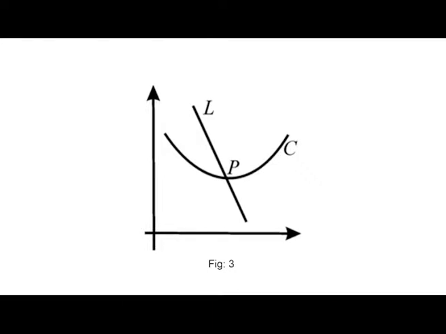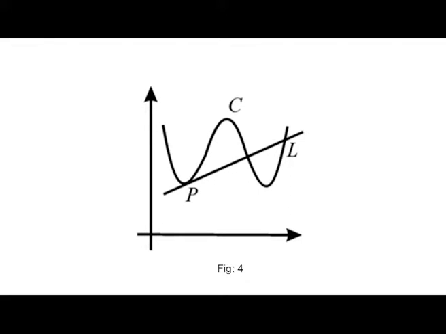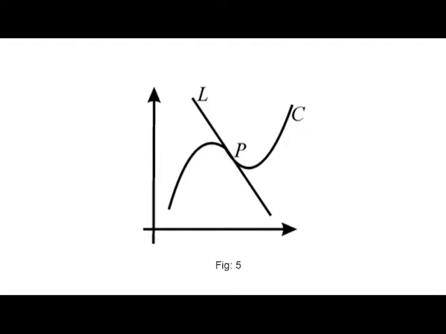For example, in the curve in figure 3, the line L meets the curve C only at the point P but is not tangent to C. But for the curve in figure 4, the line L is tangent to the curve C at the point P but meets C at several points. For the curve in figure 5, the line L is tangent to C at P but lies on two sides of the curve C, crossing C at P. The observations above show that the definition of tangent to a circle is not appropriate for more general curves.